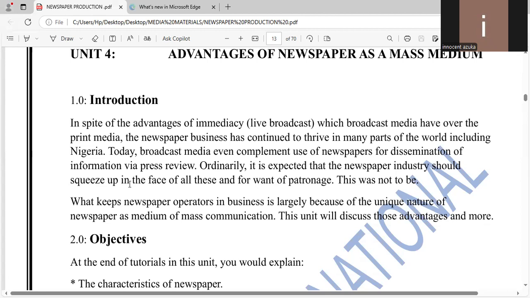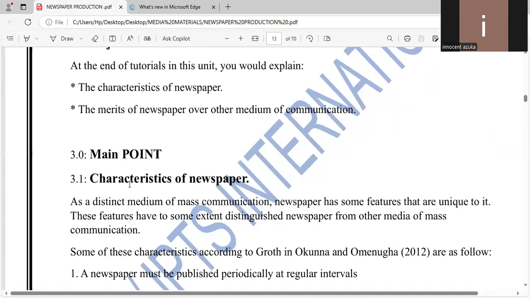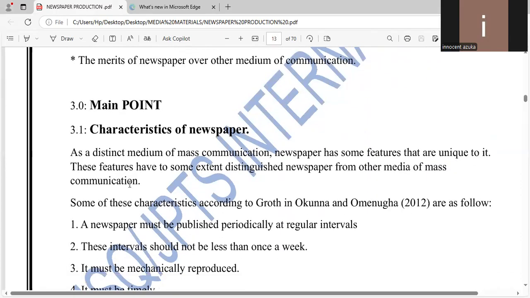Ordinarily, it is expected that the newspaper industry should squeeze up in the face of all this, yet people still patronize it. Let's look at the characteristics of a newspaper.